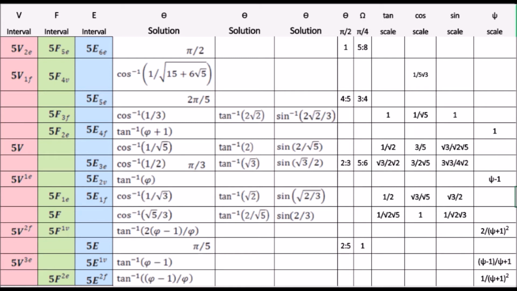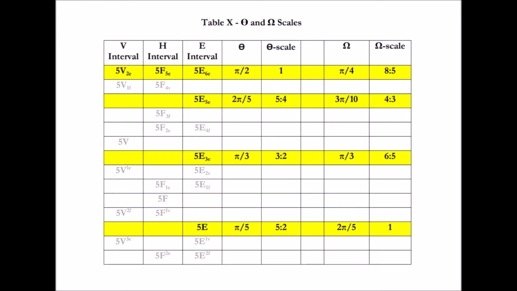Some more complex ratios were discovered and will be discussed towards the end of this video. Let me start with the small integer ratios, which are displayed here in Table 10, that show the theta scale and omega scale. Now let me explain what I mean by that.